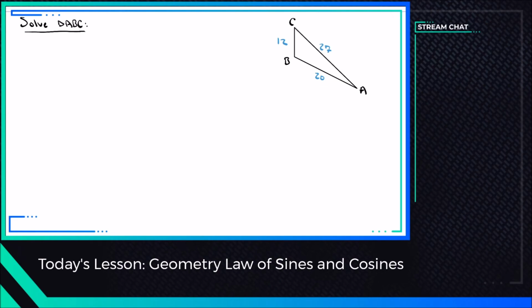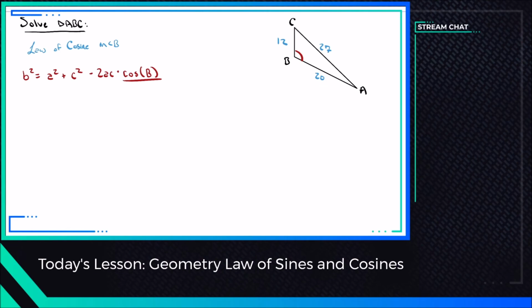We can find our first angle measurement by using the law of cosines. So let's use the law of cosines to find the measurement of angle B. So we know that b squared is going to be equal to a squared plus c squared minus 2ac multiplied by the cosine of angle B. And this cosine of angle B right there is how we're going to find our first angle measurement.